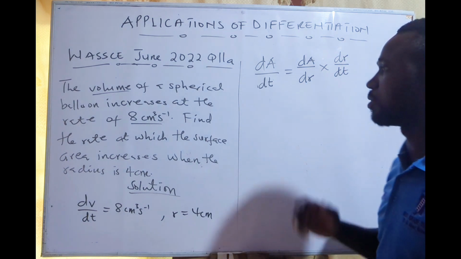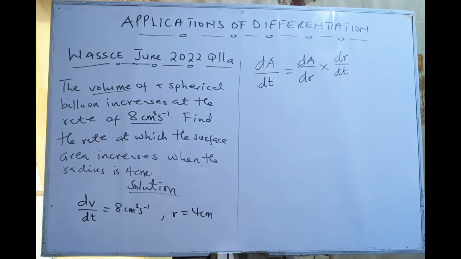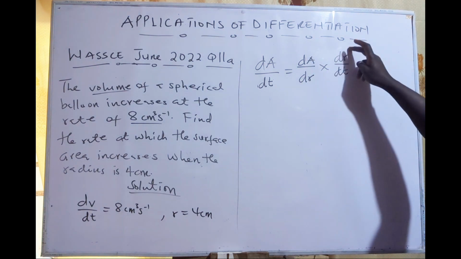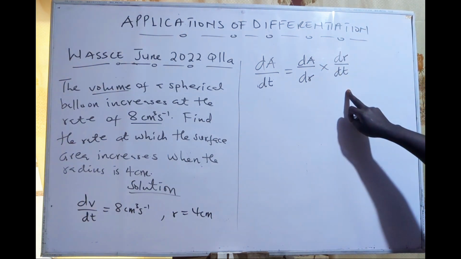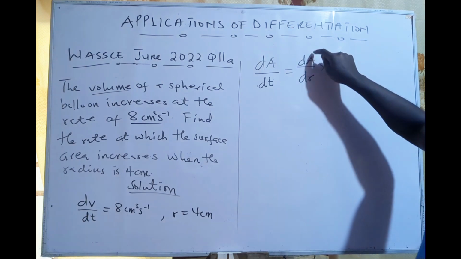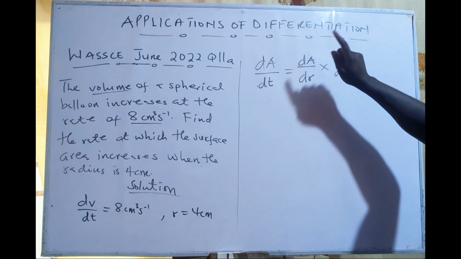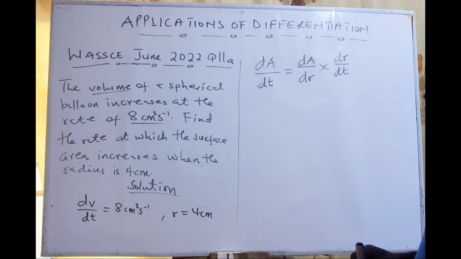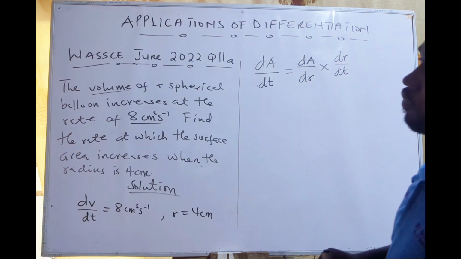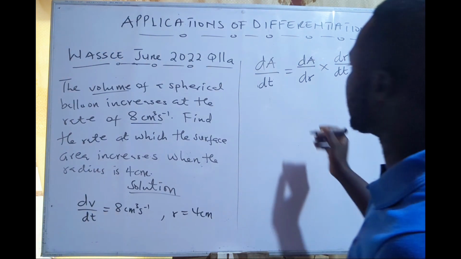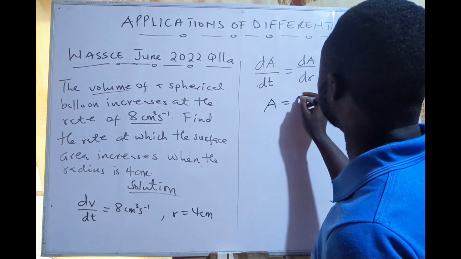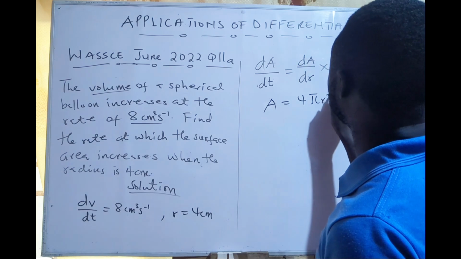Okay, so let's continue. So now we are going to find dA/dr and dr/dt. What will be our area with respect to the radius? We first write the area of a sphere. Area of a sphere is 4 pi r squared.